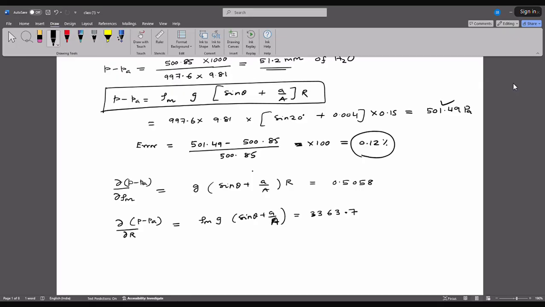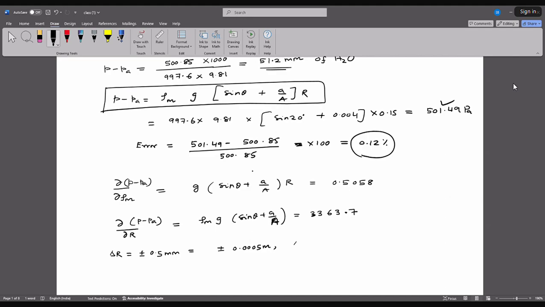So the error in the manometric reading is given as plus minus 0.5 mm, that is plus minus 0.0005 meter.